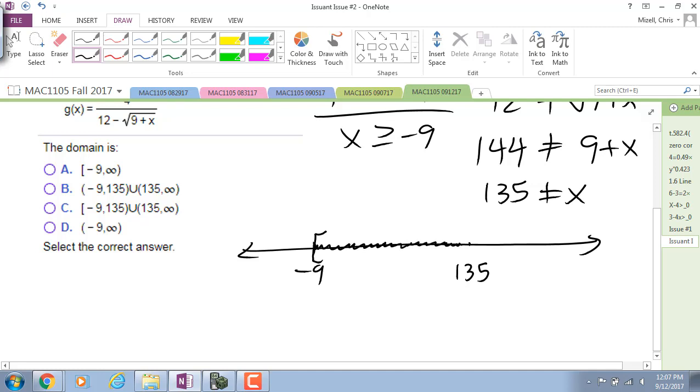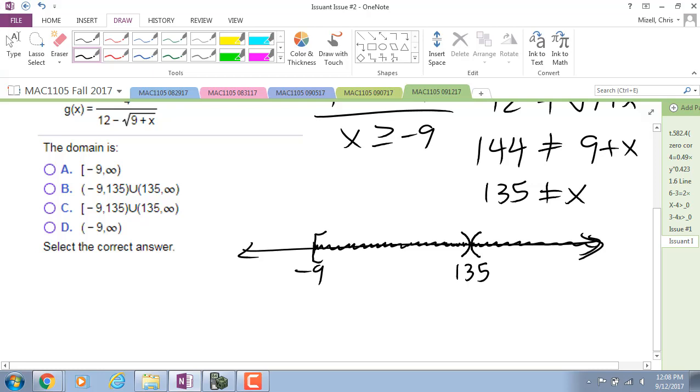But somehow, when we get to 135, we've got to leave that out. 135 makes that denominator exactly 0. So we've got to leave that out, but just on the other side of 135, it's going to be okay. So pick up with 135 on the other side and go out to positive infinity.